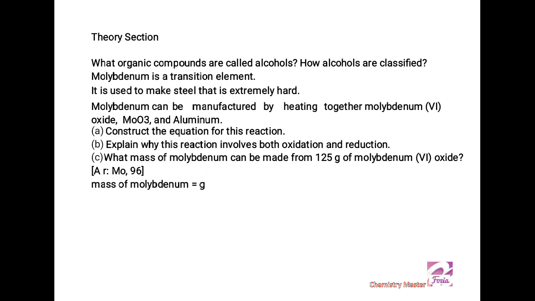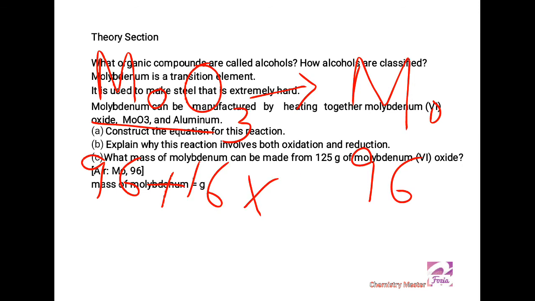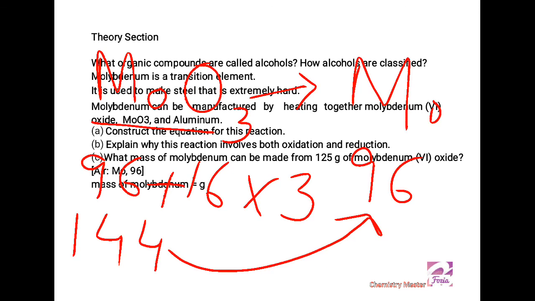So we see from molybdenum oxide we are getting molybdenum, and the relative atomic mass of molybdenum is 96. So we have to see how much gram is present in molybdenum oxide. You have to see 96 of molybdenum and 16 thrice will be oxygen grams. So on total it will be 144 gram. So 144 gram of molybdenum oxide is giving us 96 gram of molybdenum.